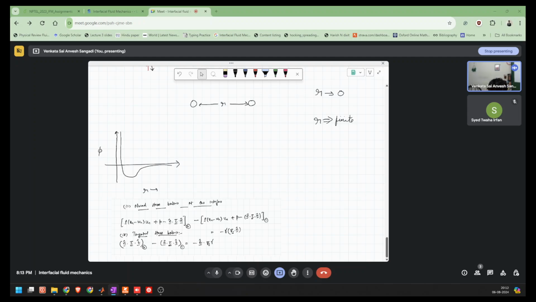So at a finite distance, we see that there are van der Waals forces.